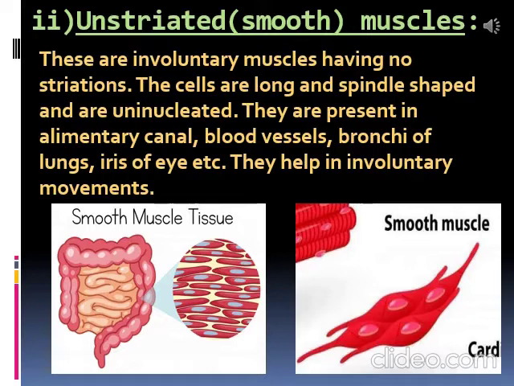In the previous muscles, striated muscles, they are multinucleated, but these smooth ones are single nucleated, or uninucleated. They are present in the alimentary canal, blood vessels, bronchi of lungs, iris of the eye, etc. They help in involuntary movements because the movement of your alimentary canal is not according to your will. That's why these are involuntary movements, and these muscles are also involuntary muscles.